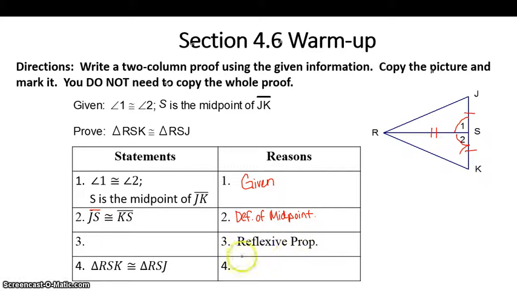Now they're giving us the reason this time, so they're saying that's reflexive, and so we marked segment RS congruent to itself because they share that side. So segment RS is congruent to segment RS, and if you put segment SR is congruent to segment SR, that's okay too. And then now we're proving that the triangles are congruent, so we look at this and SAS is the reason that they're congruent.